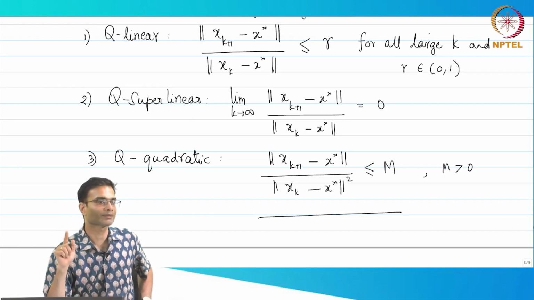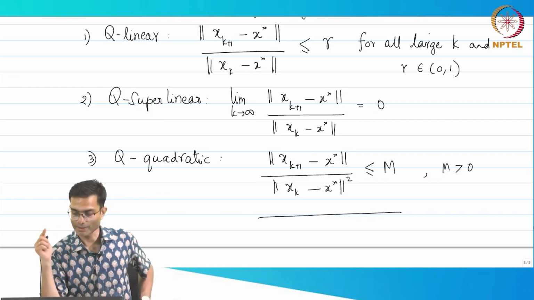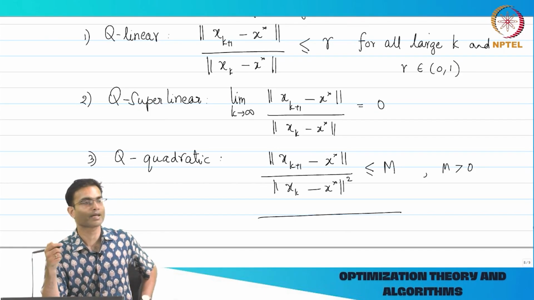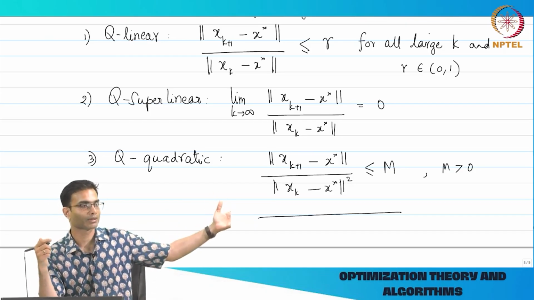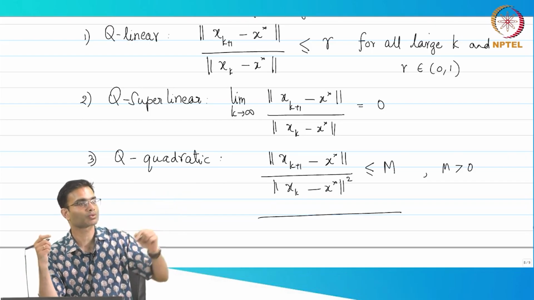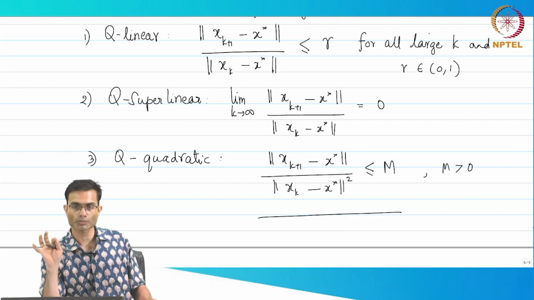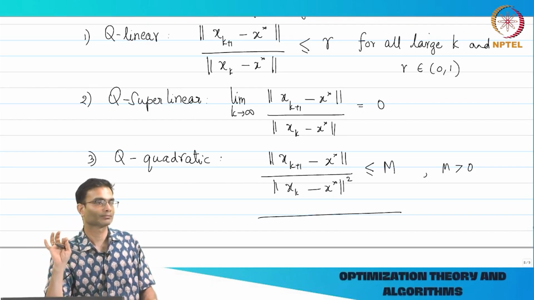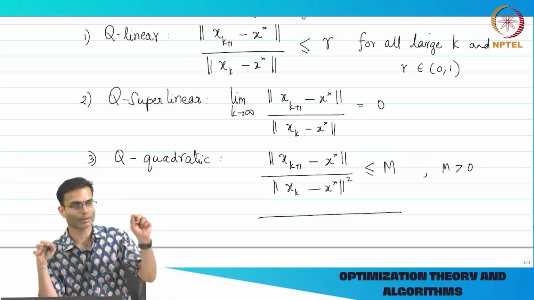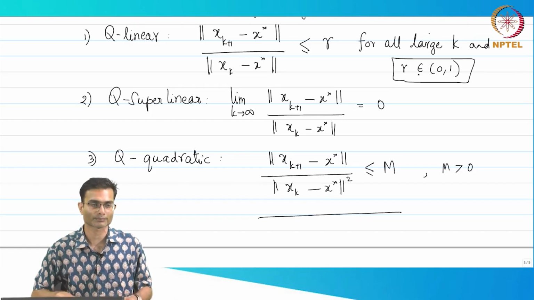Is it a closed interval 0, 1 or an open interval? It's an open interval. That means 0 is not included in that. So if I take k to be arbitrarily large, R will actually tend to 0. So it slips out of linear and goes into superlinear, right? For linear, you will want that R to be a strictly positive number, and 1 by k factorial is not, okay? So it's a subtle point, but that's why it is very crucial that it is an open interval 0 to 1. Yeah.